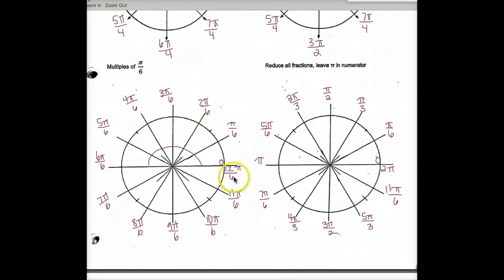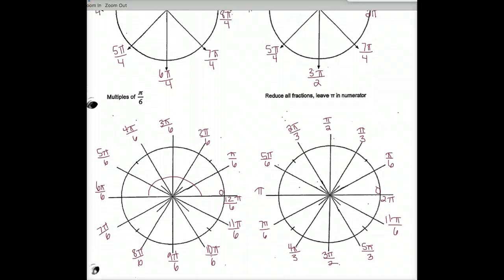So the reason why I do this is because I want you to see that these values that are on the unit circle are not arbitrary. All we're doing here is dividing it into our multiples of pi over 6 and multiples of pi over 4. The reason why we choose these multiples is because pi over 6 is 30 degrees.